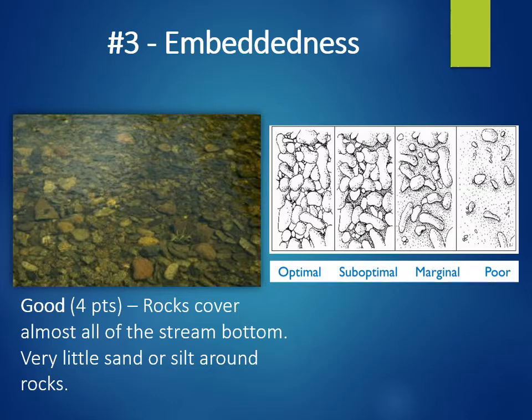The layering of fist-sized and larger rocks also creates a diversity of niche spaces for aquatic organisms to live and reproduce. In this photo showing a good level for embeddedness, you can clearly see the rocks covering almost all of the stream bed, with very little silt or sand covering them.